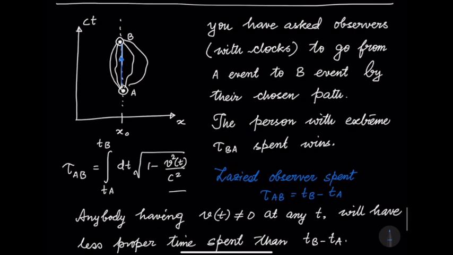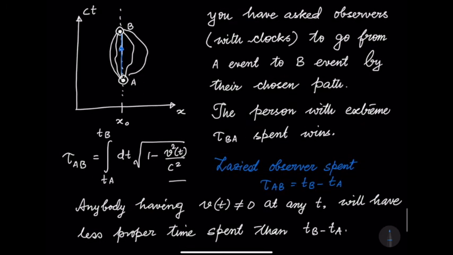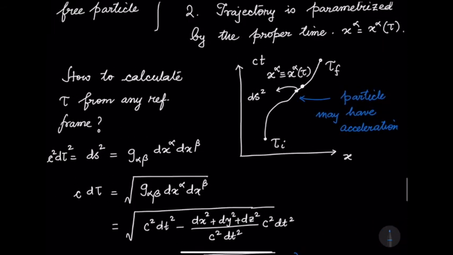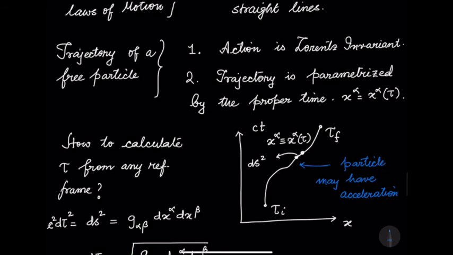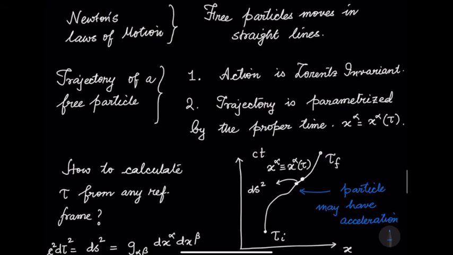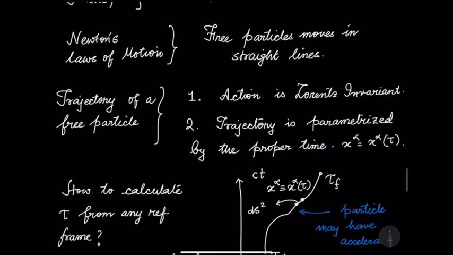But that is also the observer who was at rest. To start with, all the observers were at rest, and if I believe in Newton's second law, they were supposed to be at rest all the time, because there is no force on this particle. You are talking about a free particle.